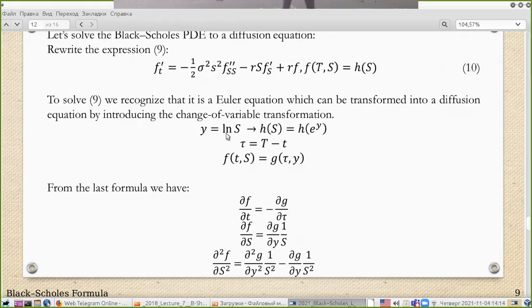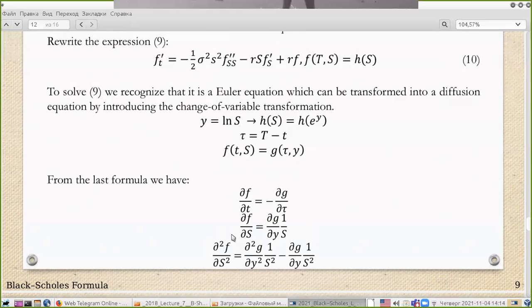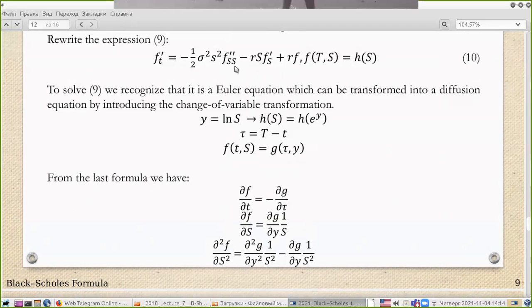We should find the derivative of ln s, and it is 1 divided by s. Yes, it's clear. After that, we can find the second derivatives, because you see that this equation contains the second derivatives.